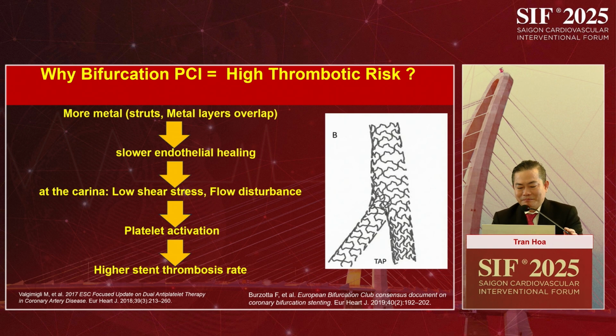And the second question: why is bifurcation PCI a high risk for stent thrombosis? Here are some theories and mechanisms about the thrombosis risk of the stent. If you use a 2-stent technique, there is more stress and more overlapping layers, so slower endothelial healing, especially at the carina, with slow shear stress and flow at these 2 branches.